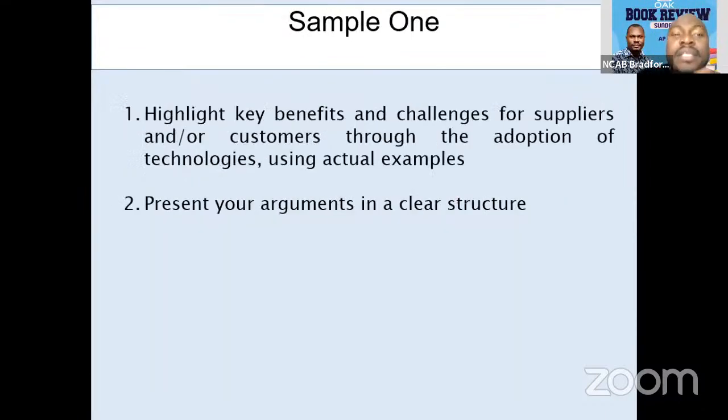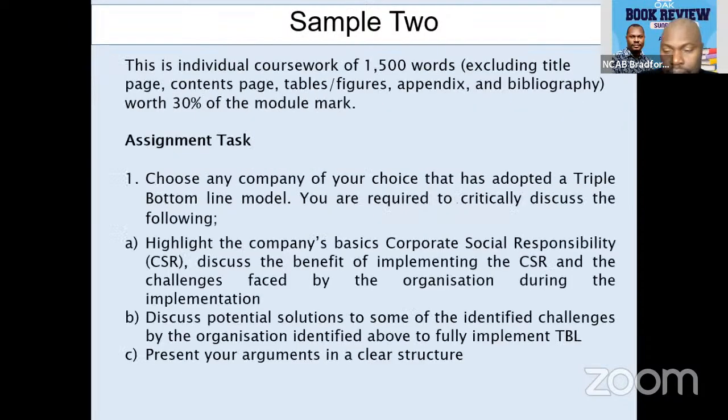The assignment will also highlight key benefits and challenges for suppliers and/or customers through adoption of technology, using actual examples. So this is a good example. Present your argument in a clear structure.